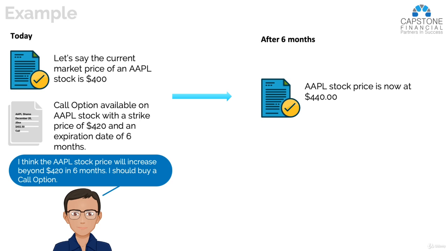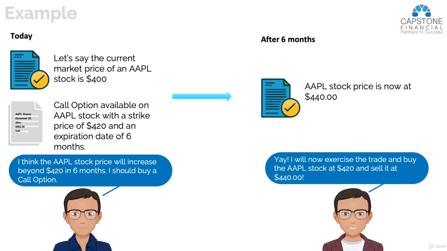After 6 months, Apple stock is now priced at $440. Jack is extremely excited. He will exercise and close the position, buy the Apple stock at $420, and sell it at $440. Now, that's one of the ways I have been trying to illustrate how options work based on the math behind them.